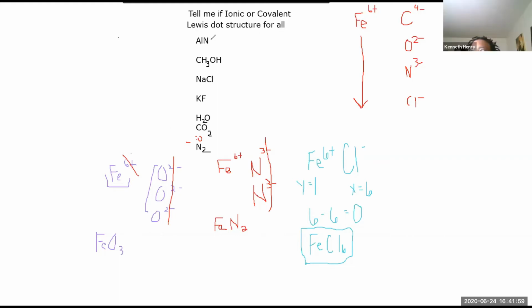So these aren't covalent bonds, so they really don't form true Lewis dot structures, right? They're ionic bonds. So what they're going to do is aluminum, we're just going to write that as aluminum plus because it's gotten rid of all of its valence electrons, right? And then nitrogen minus.